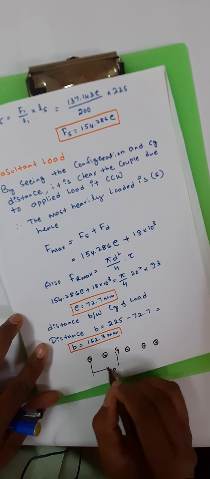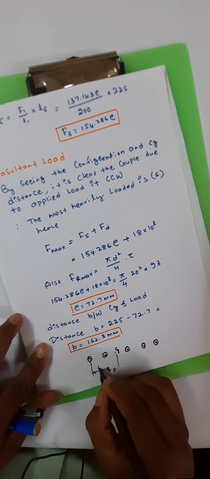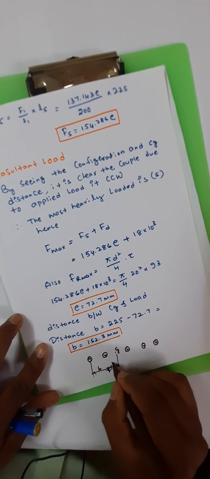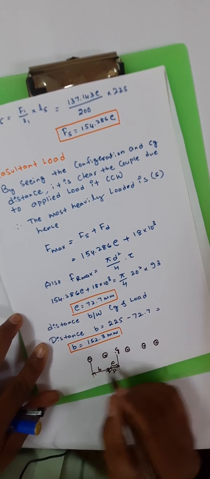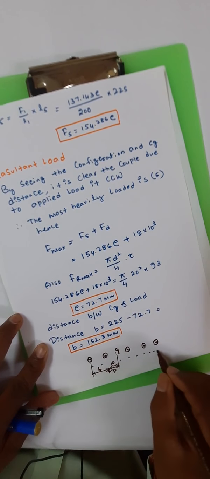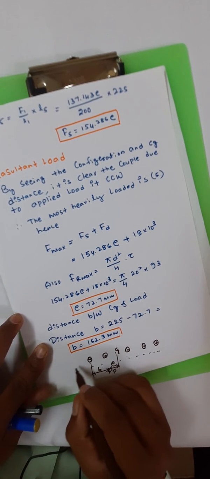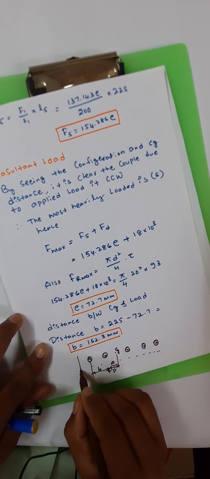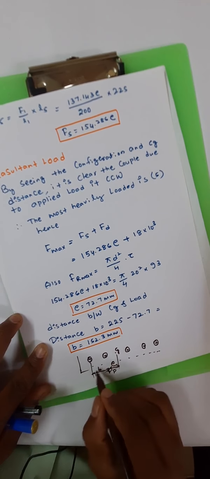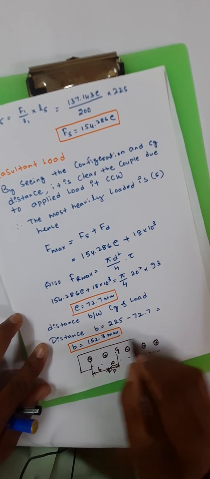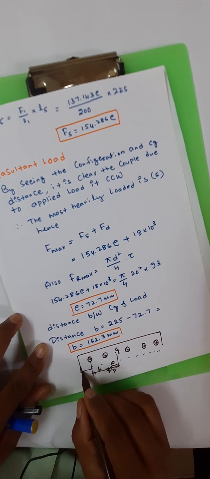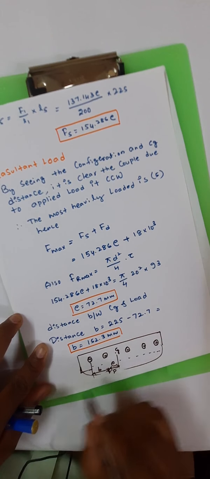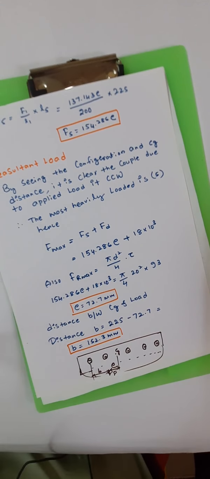Now this distance we want. This is called B and this is called E. With respect to this, we can find the value. So this is the given problem.